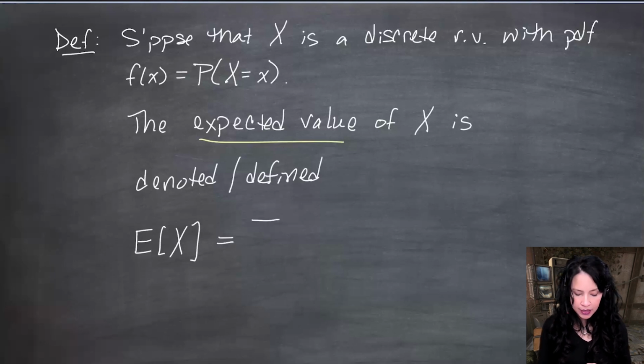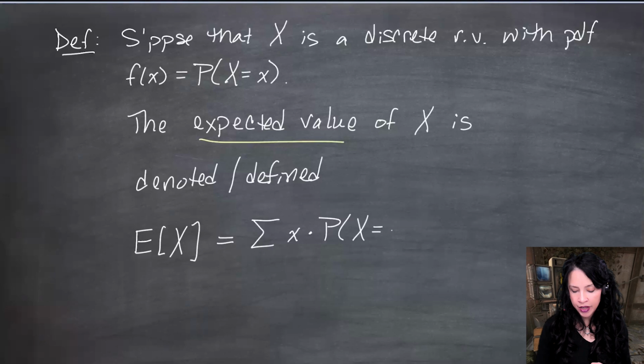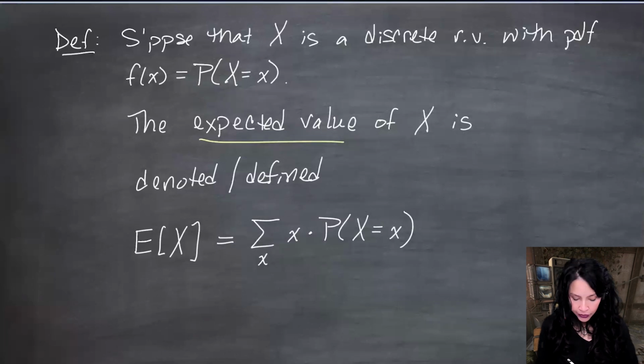This is going to be the sum of each value, little x, times the probability that X takes on the value little x. And we need to sum over all x. So what does all x mean? Our PDFs have domains, like any functions have domains. That's where they're defined, and they're generally defined everywhere.